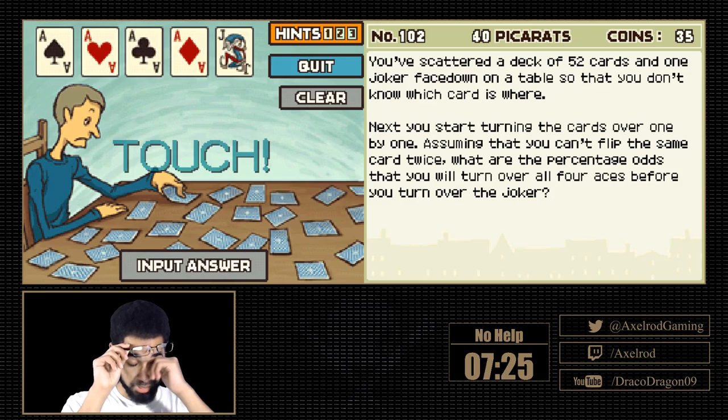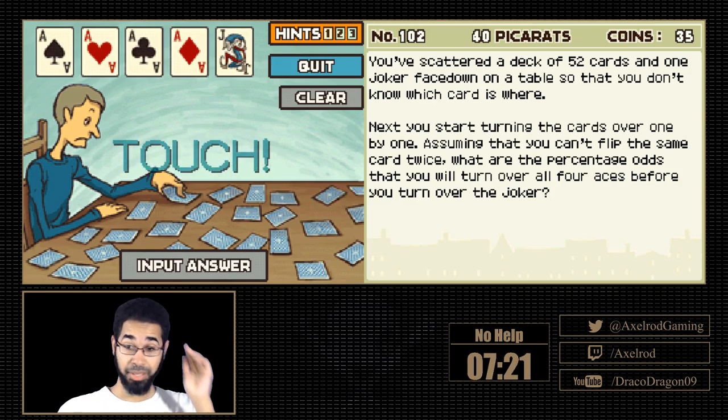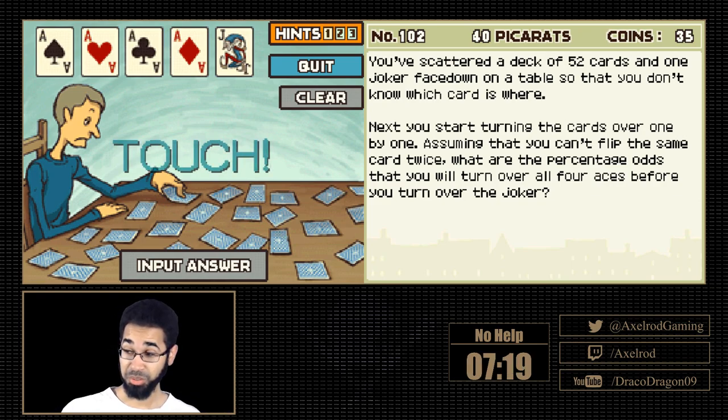So what are the odds that I pick up an ace in a normal 52 card deck?